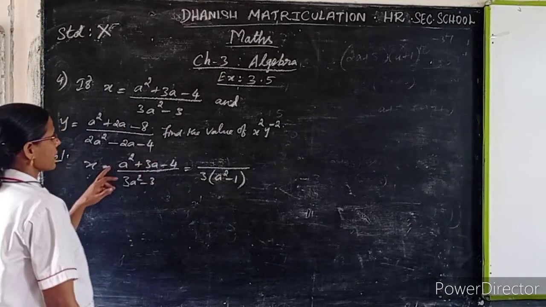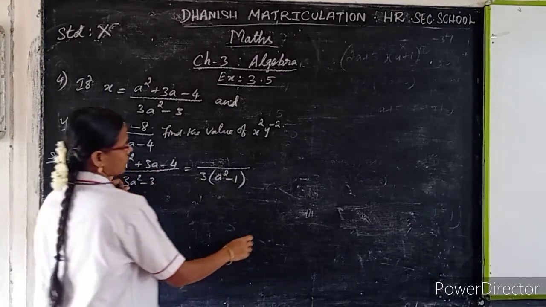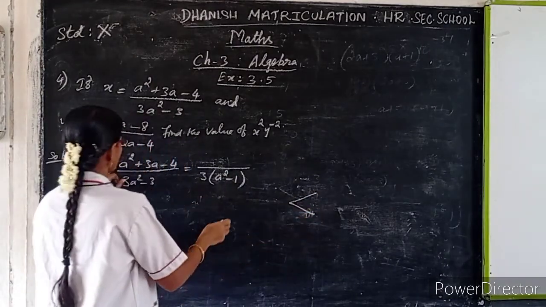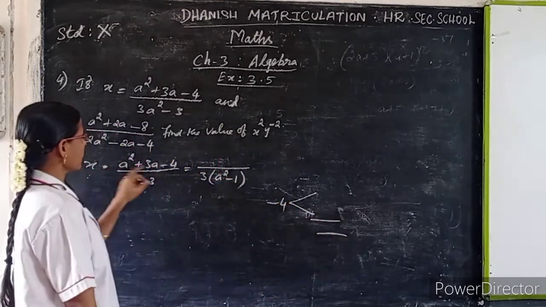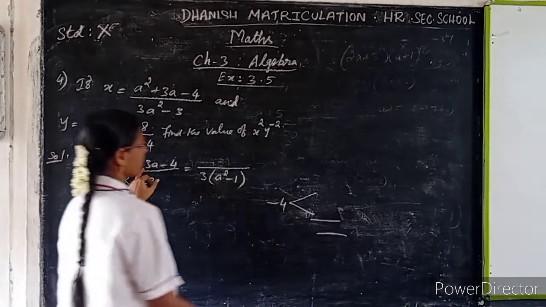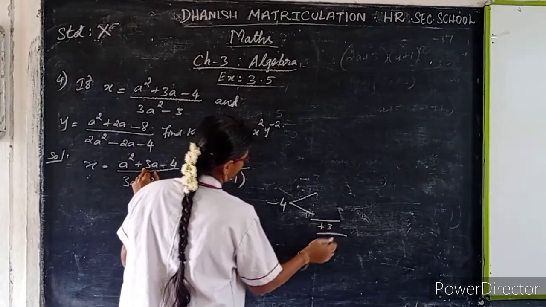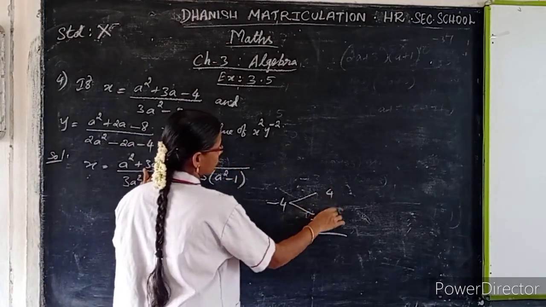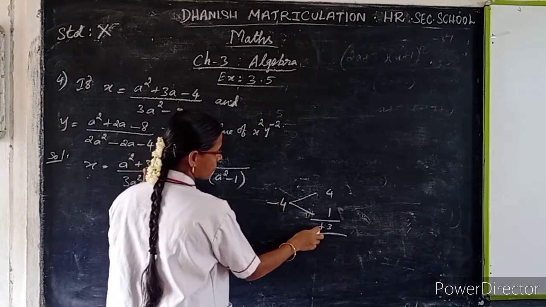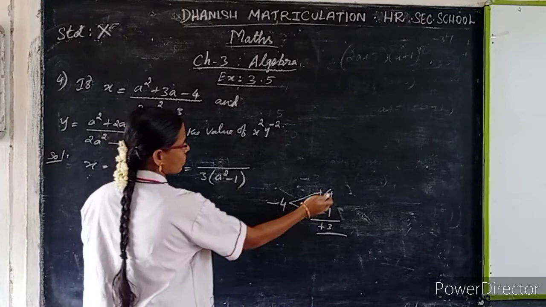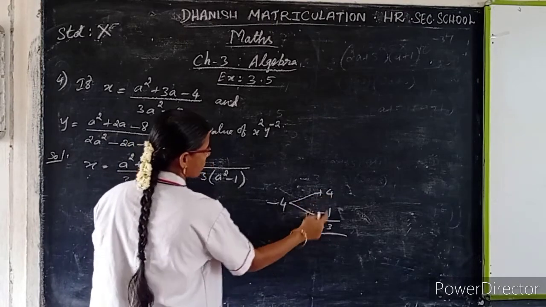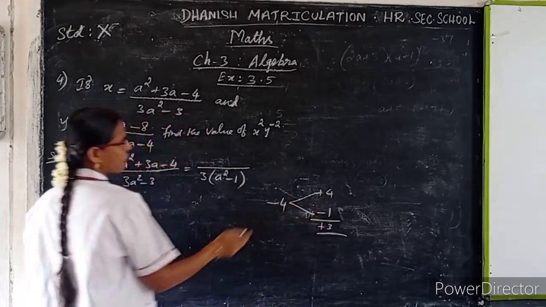The numerator is a quadratic, so solve. Here minus 4. 1 into minus 4; the coefficient of a is plus 3. 4 ones are 4. Here minus, here plus means plus is the greater, minus the smaller. So 4 minus 1 is plus 3, and 4 ones are 4, plus into minus is minus.